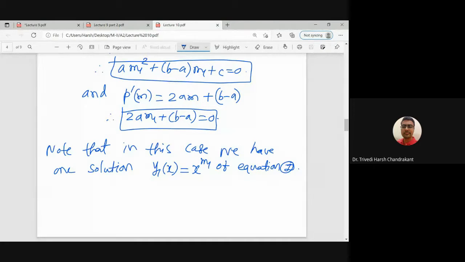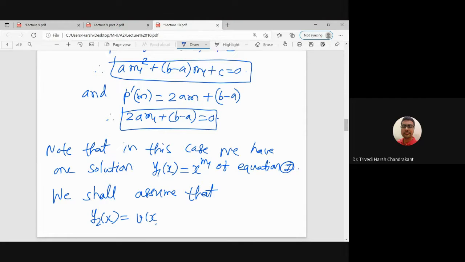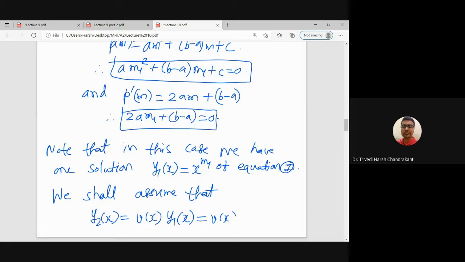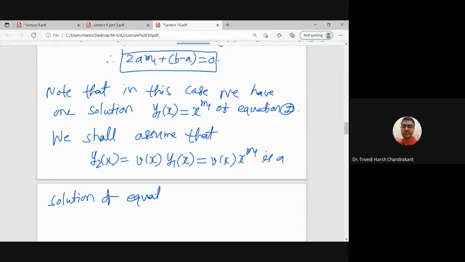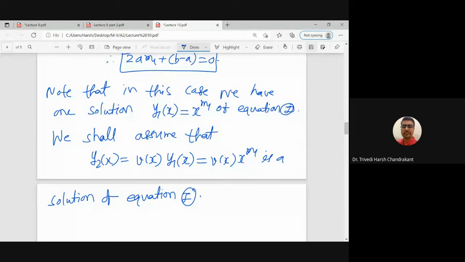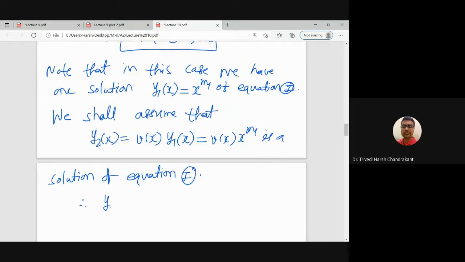So we'll assume that V times y1 is a solution, and then we'll identify what is V. So we assume that y2(x) is equal to V(x) times y1(x), which is V(x) times x^m1, since x^m1 is a solution of equation 1. That means we need to substitute y2, y2 dash, and y2 double dash.